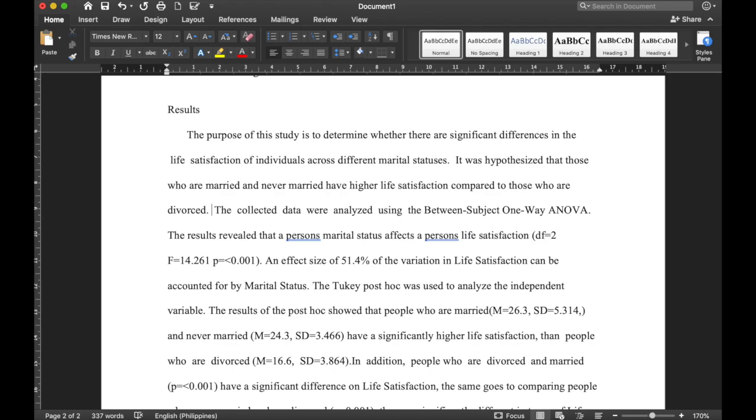Okay. No offense to those who are divorced. This is just an example. This is just hypothetical data.